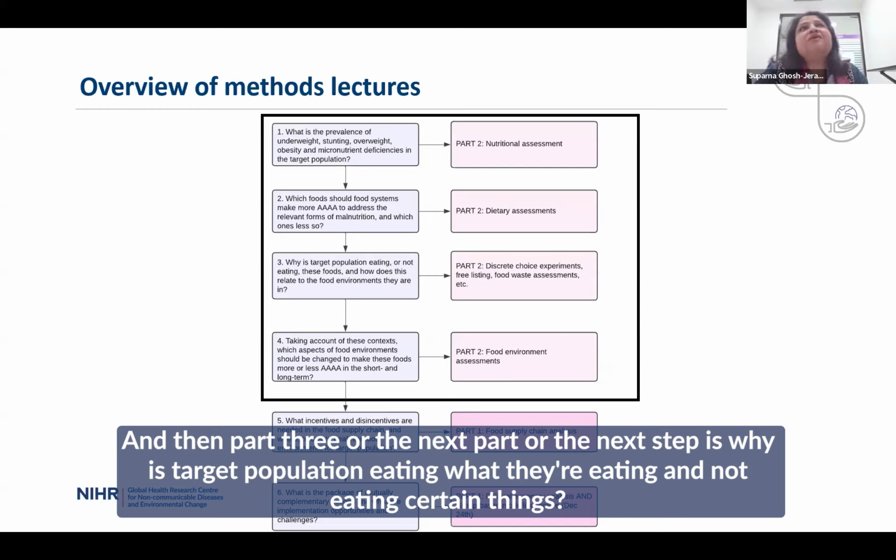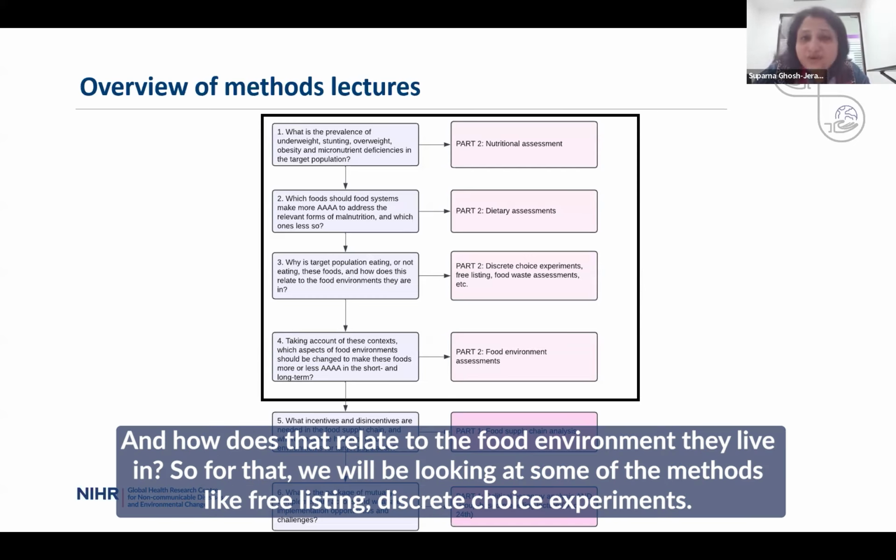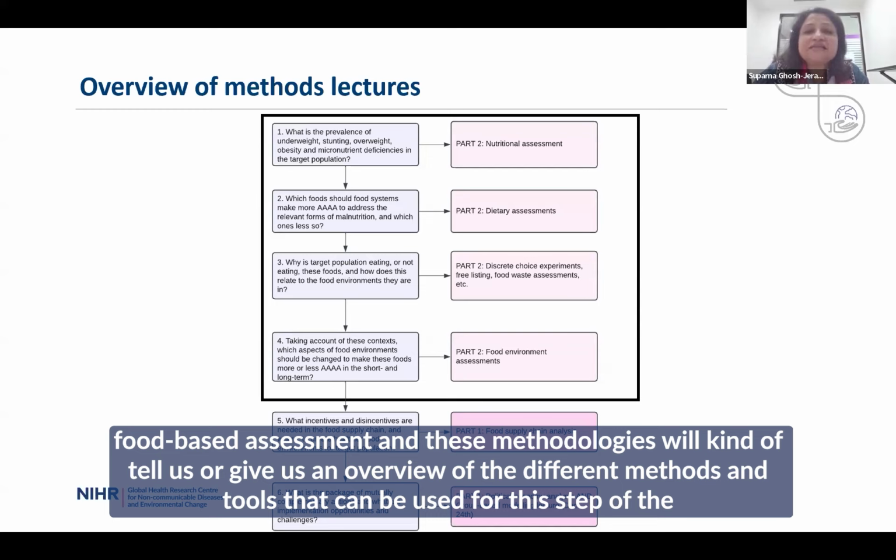So for that, we will be looking at some of the methods like free listing, discrete choice experiments, food-based assessment, and these methodologies will give us an overview of the different methods and tools that can be used for this step of the food supply chain assessment.